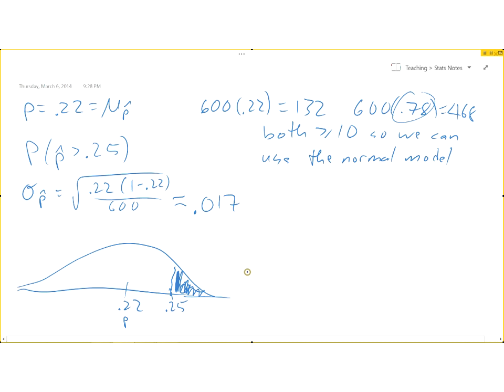And so again, I would do normal CDF. The lower end is 0.25, the upper end is infinity, the mean is 0.22, and the standard error is this time I calculated it. I don't have to type it in with a radical. It's 0.017. So I just take my calculator and do another normal CDF calculation.